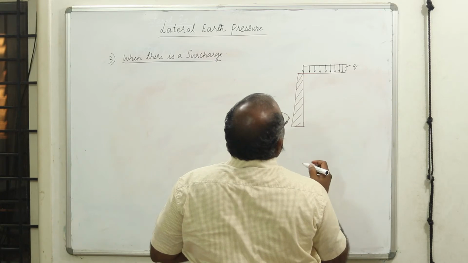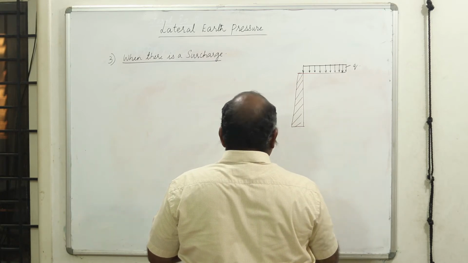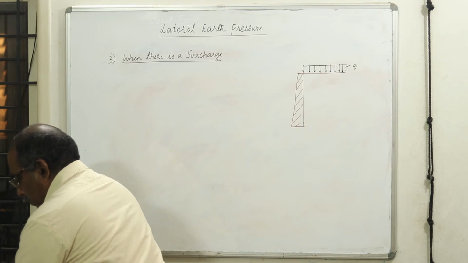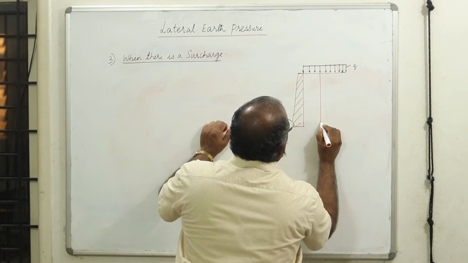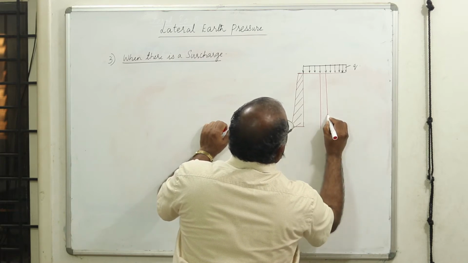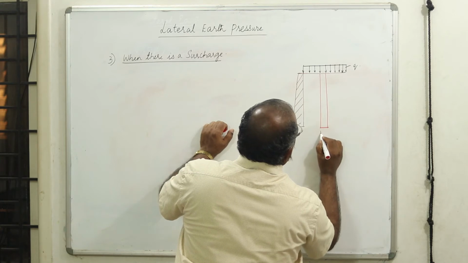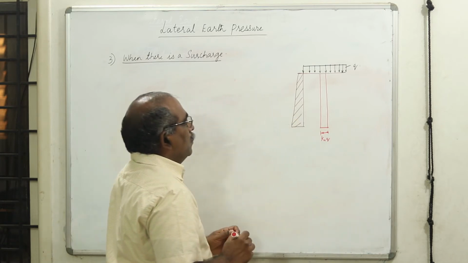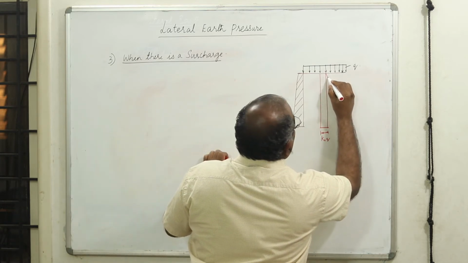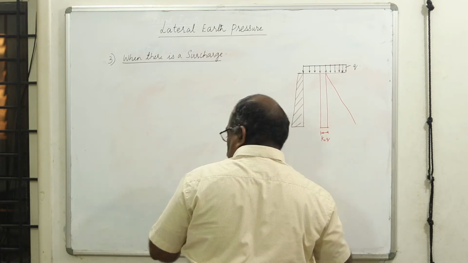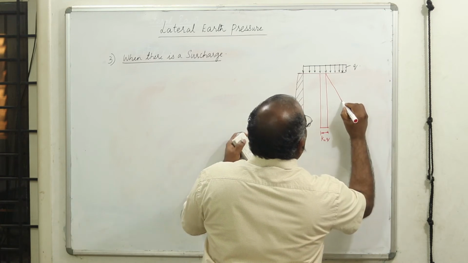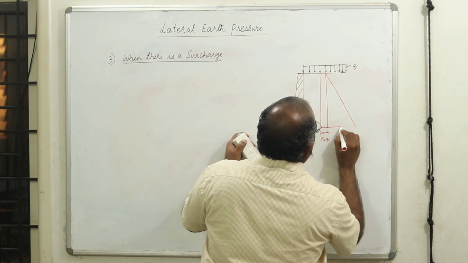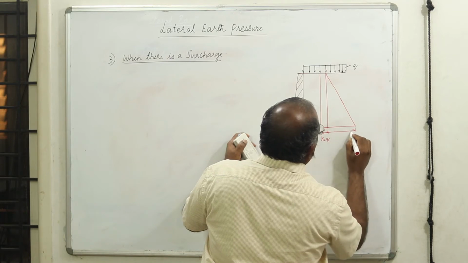Now let us say the intensity of the surcharge is Q. Now this surcharge is going to create the pressure. Therefore, the pressure distribution will have a uniform pressure K into Q. Plus, if it is a dry condition, you will have a pressure variation like this, a triangular pressure distribution.